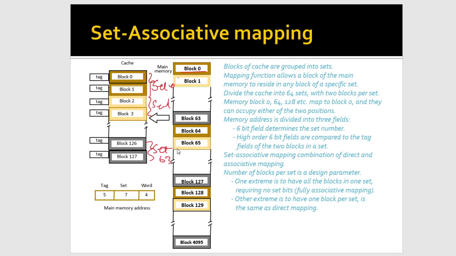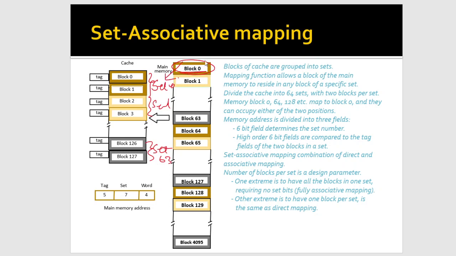Total number of sets is 64. Number of blocks is 128, 2 blocks per set, so the total number of sets is 64. Starting set is 0 and the last set is 63. Here the particular block will be mapped to a set, like direct mapping.